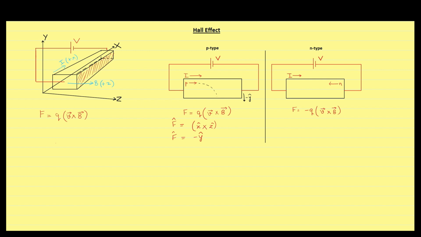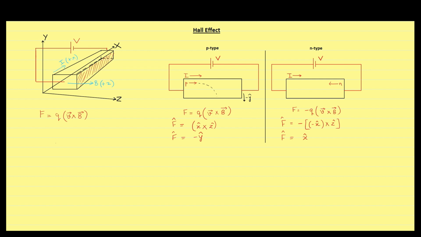Here also we will find the direction in which charge carriers will experience force and will get accumulated. Minus sign we are taking from the charge velocity vector, which is minus x cap. Direction vector of magnetic flux density is z cap. Two negative signs will cancel each other.